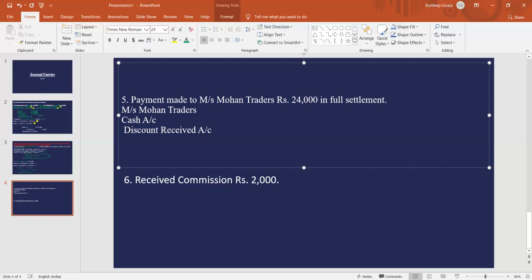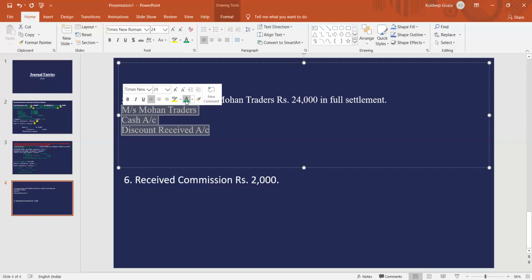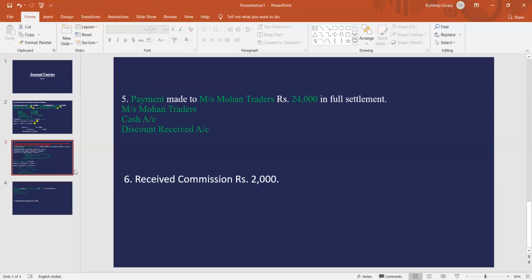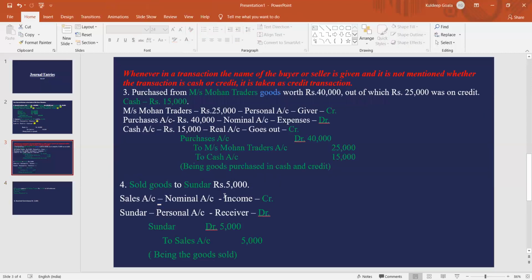Try to understand the meaning of it. How discount received account? Because we are paying him less. So if we are paying him less, that means we are receiving discount, isn't it? So what are the items you got? One is Mohan Traders, one was cash. How did you understand? Because the word payment is there. This payment word will help you to understand whether the money is moving or not. Okay, in the earlier transaction there was no payment, you can just see just sold goods was there, right?